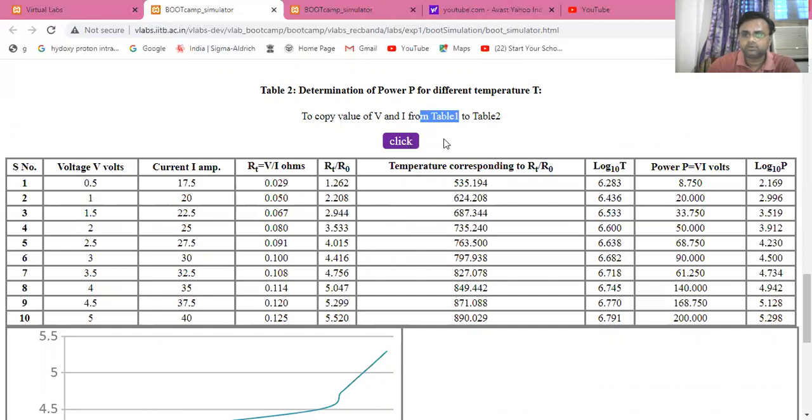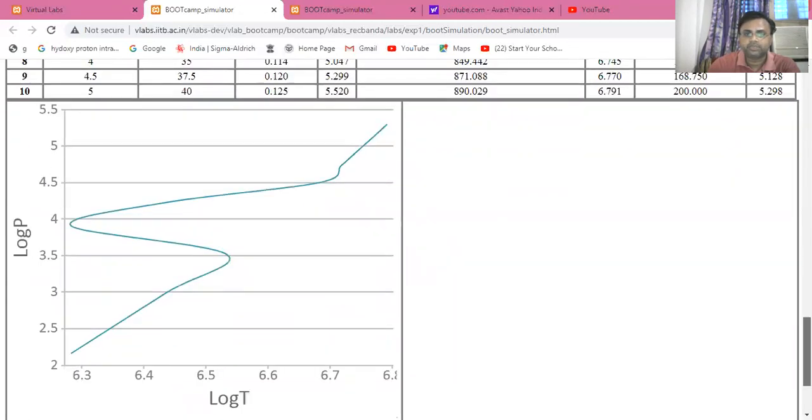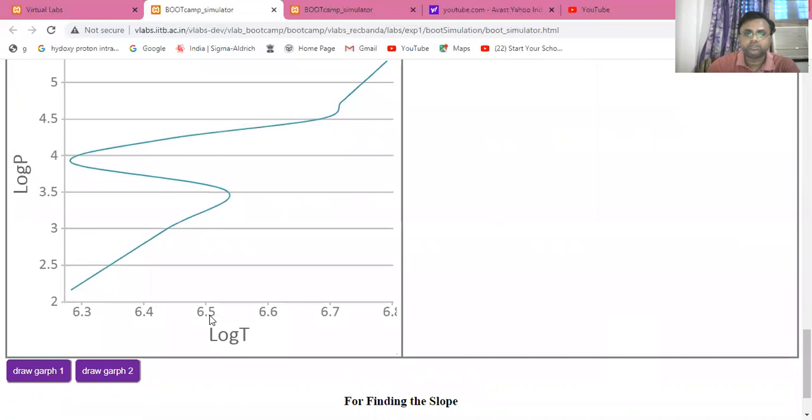Then it automatically calculates the values of log T and log P, and a graph is given of log T and log P, but the graph is not correct.